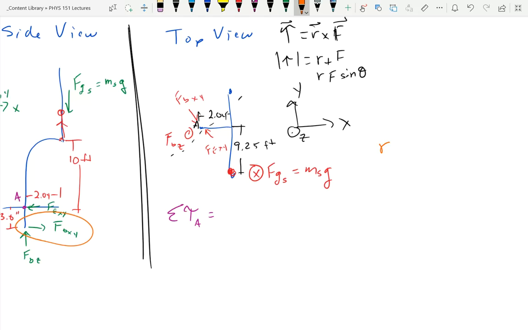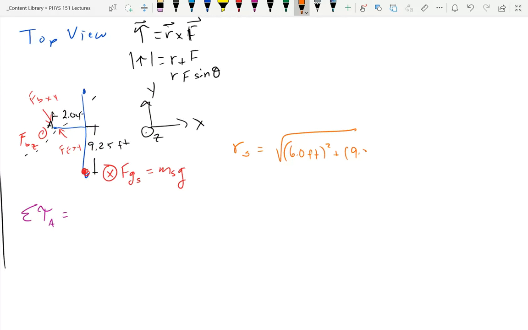So R for the student is the square root of 6.0 feet quantity squared plus 9.25 feet quantity squared.